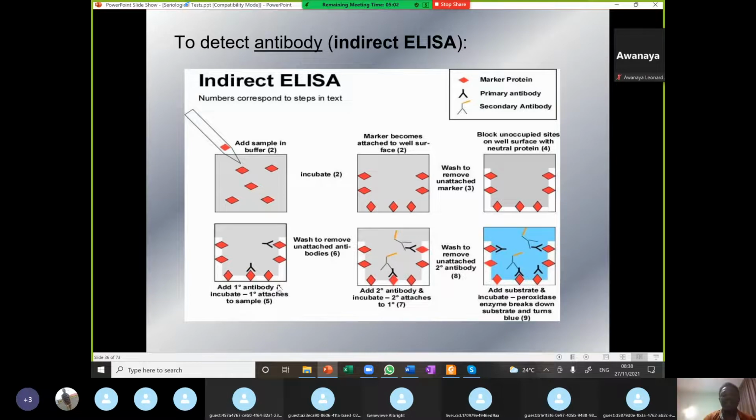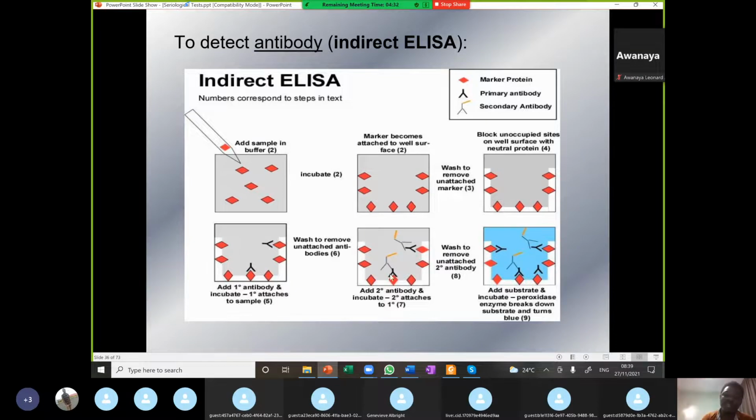After this binding, we incubate. After incubation, we wash again. That washing is to remove any unbound antibodies, so that we don't have antibodies floating inside our mixture which are not bound. Next, an enzyme-conjugated antibody, an enzyme-labeled antibody, is introduced.